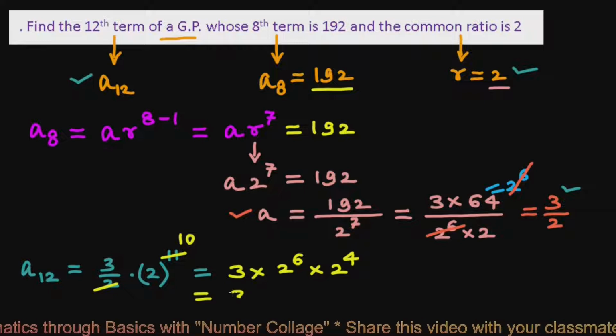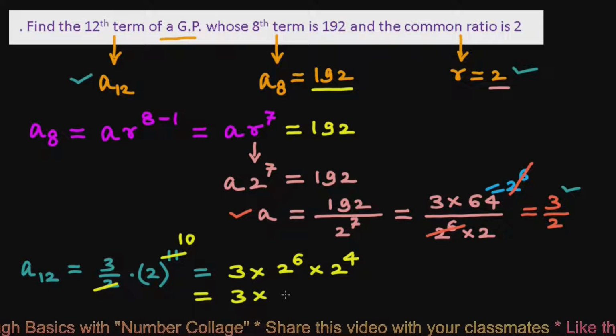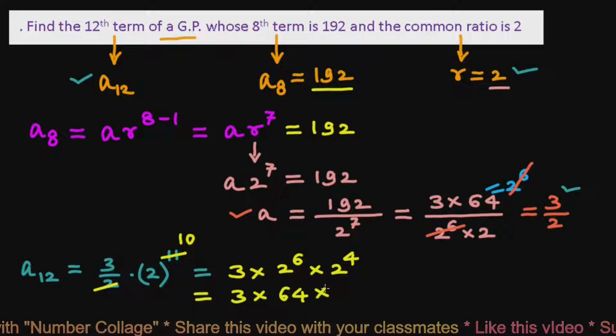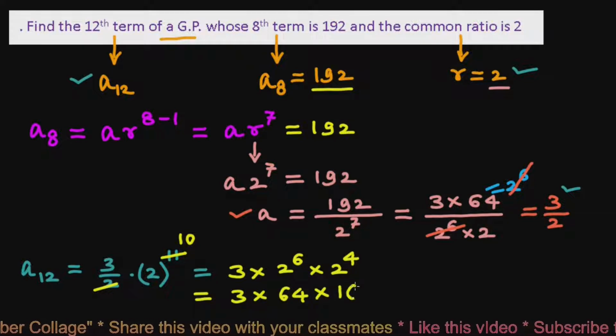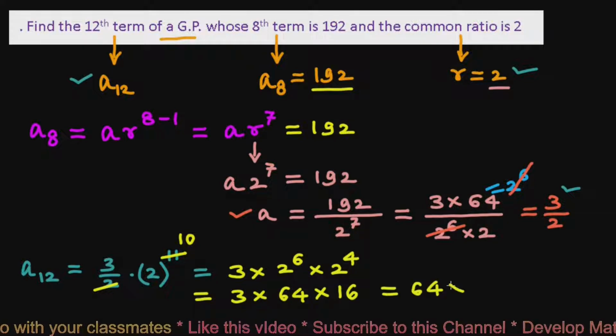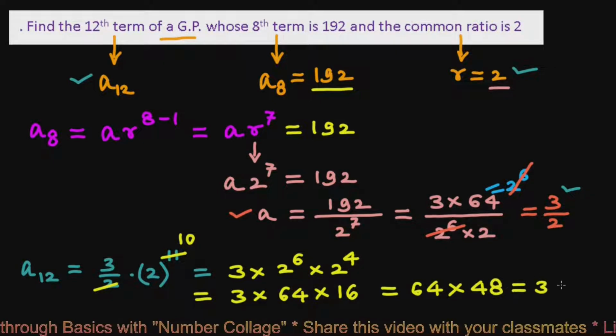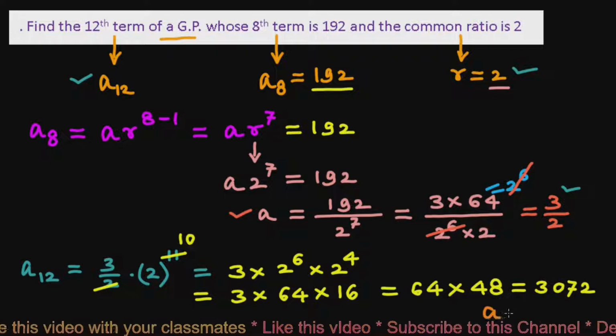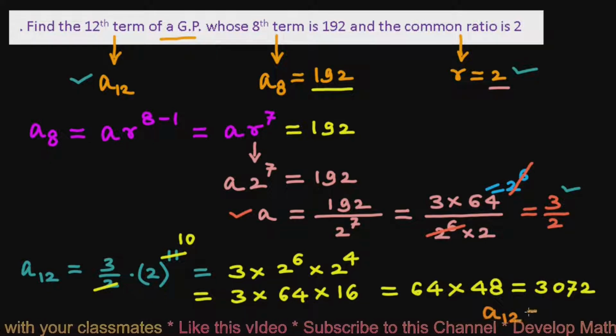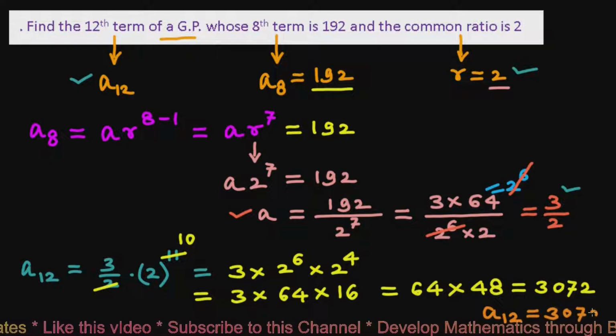That will be 3 multiplied by 2 power 6 is 64 and 2 power 4 is 16. So that gives 64 multiplied by 48, which works out to be 3072. So 12th term of this GP will be 3072.